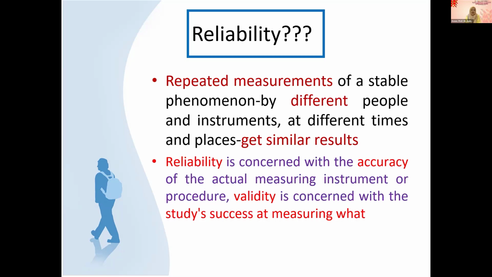Repeated measurement of a stable phenomenon by different people and instruments at different times and places gets similar results. You ask today, they say one. You ask a month later, they also say one, which gives a similar result. So it's reliable. Reliability is concerned with the accuracy of the actual measuring instrument or procedure. Validity is concerned with the study's success at measuring what it intends to measure. Two different things, but we need both.